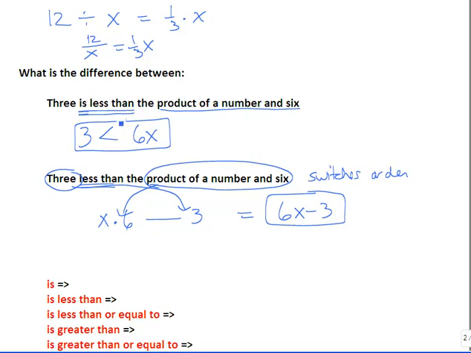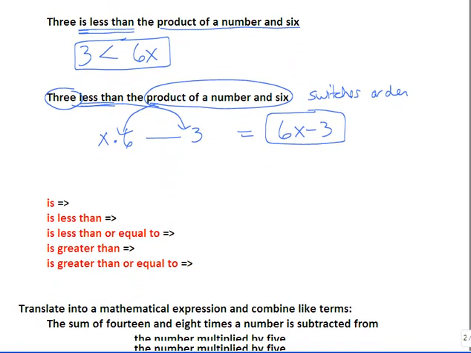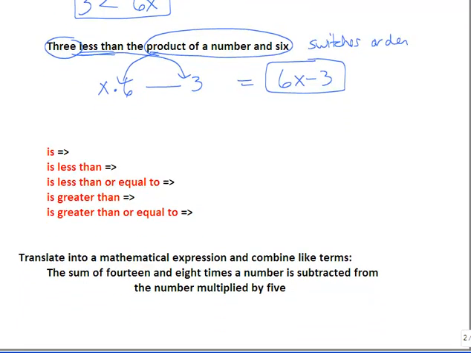So totally different solutions. The second one here is called an expression. The first one up here is called an inequality. So when you see the word "is," that's an important thing to look for, because it changes your answer from an expression to either an equation or an inequality. So the word "is" by itself just becomes an equal sign.